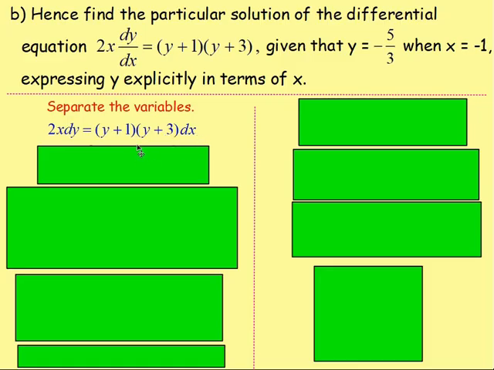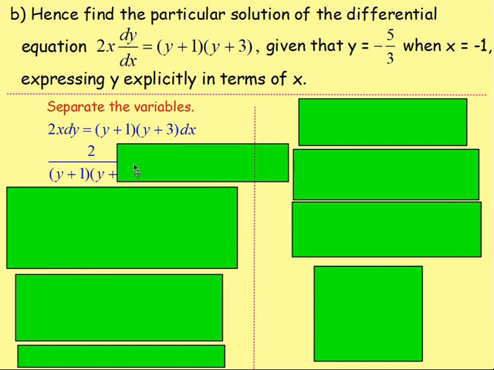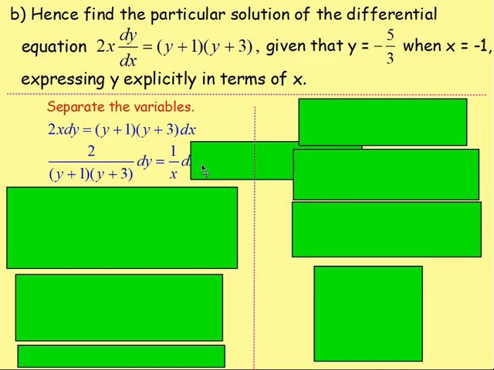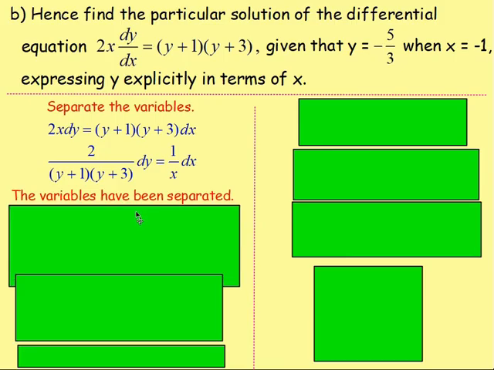Then we could divide both sides by 2x and divide both sides by (y + 1)(y + 3). Or if we left the 2 there and just divided by x, we'd have 2 over (y + 1)(y + 3) dy would equal 1 over x dx. So we have now separated the variables.